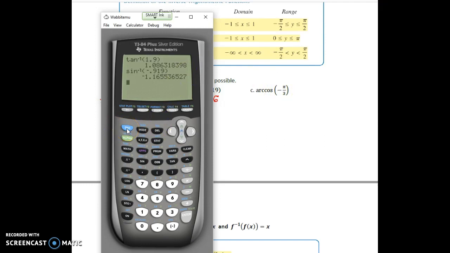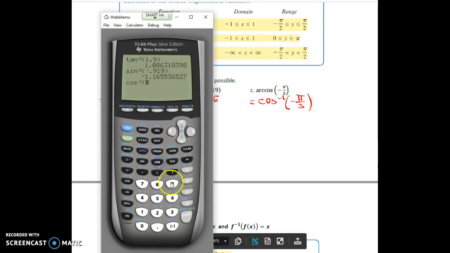Remember that arc cosine is the same thing as cosine inverse. Maybe we should write that in our notes. This is the same thing as cosine inverse of negative pi over 3. Second cosine gets you to cosine inverse of negative pi over 3.